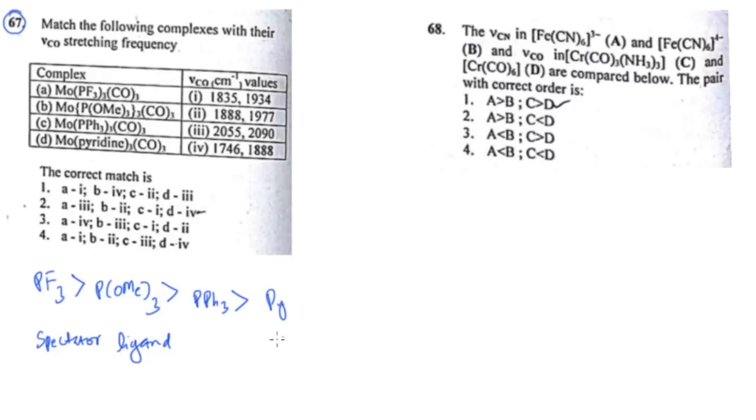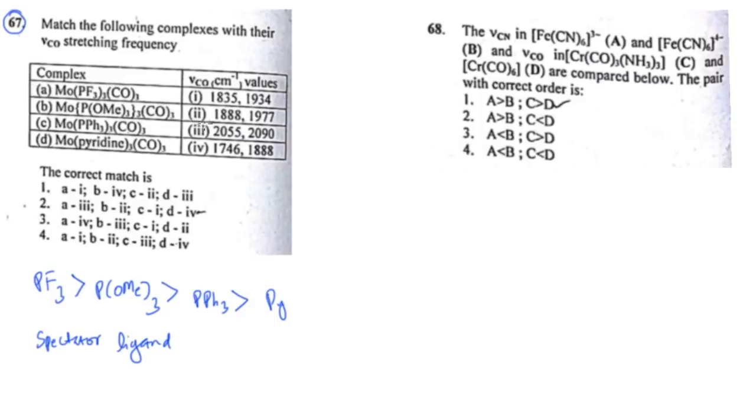These pi accepting ligands accept electrons from the metal center and make it electron deficient. As the metal center becomes electron deficient, pi back bonding reduces, and if the pi back bonding reduces, the carbonyl frequency increases because bond order increases, and in that case bond strength increases.